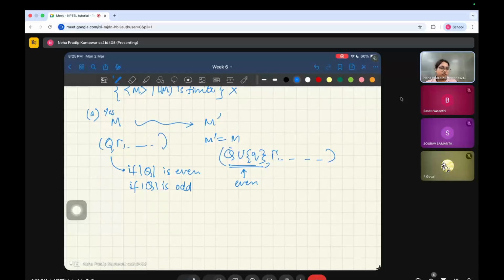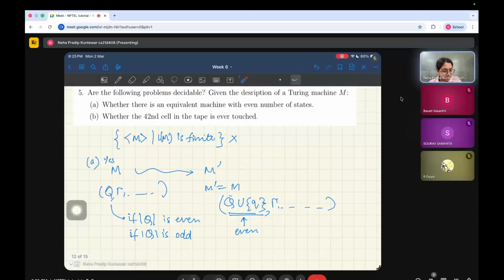Yes, yes. Can you explain again? Yeah, so the question is: you are given a Turing machine M, you want to convert it to an equivalent Turing machine M prime, but this M prime should have an even number of states.